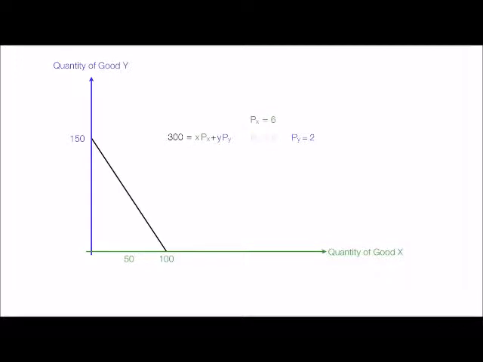When the price of x increases from 3 to 6, the budget line rotates in, and a new quantity is 50, like that. The quantity of y does not change because income is still 300 and price of y is still 2. Remember that income, which is m, divided by 6 is equal to 50.